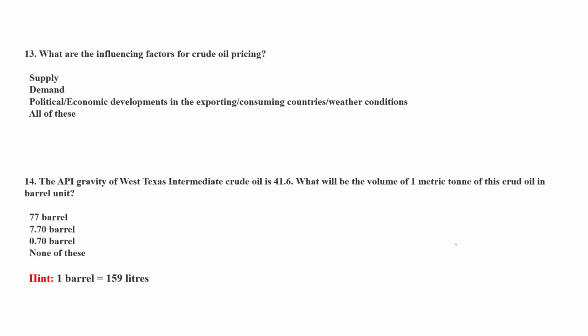What are the influencing factors for crude oil pricing? So it is basically all of these, as crude oil pricing depends on all three: supply, demand, and political and economic development in the consuming countries, and weather conditions.